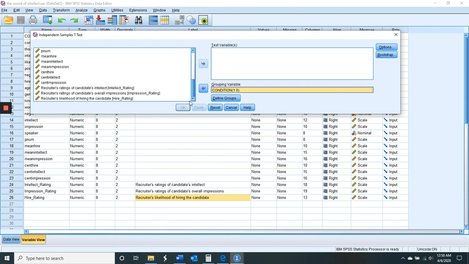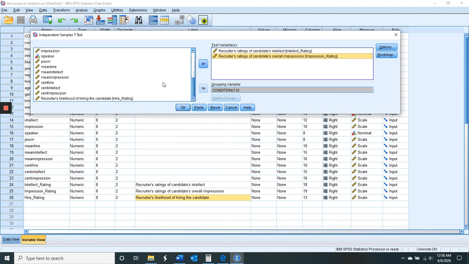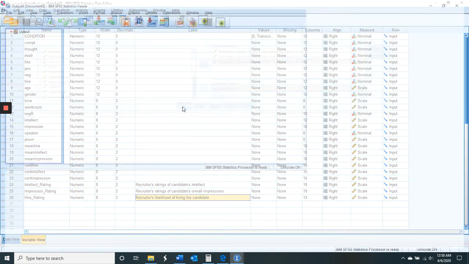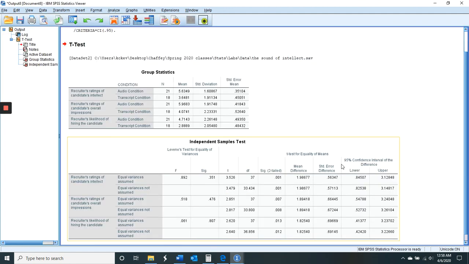And I'm going to put all of the dependent variables together in the test variables. So the ratings of the person's intellect, the overall impression that the recruiter had of the person, and how likely they were to hire the person. We just press OK then. And it's probably behind here somewhere, and it is.